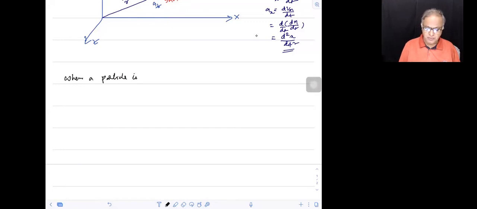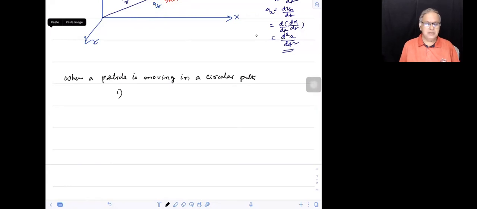So when a particle is moving in a circular path, one, some linear distance is being covered, isn't it?